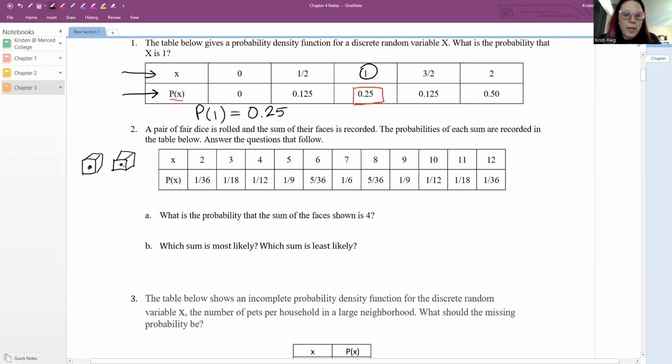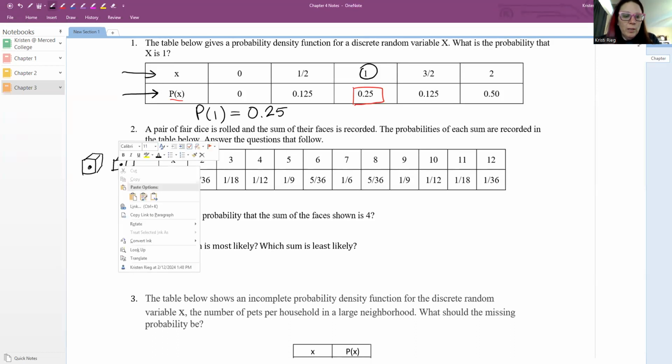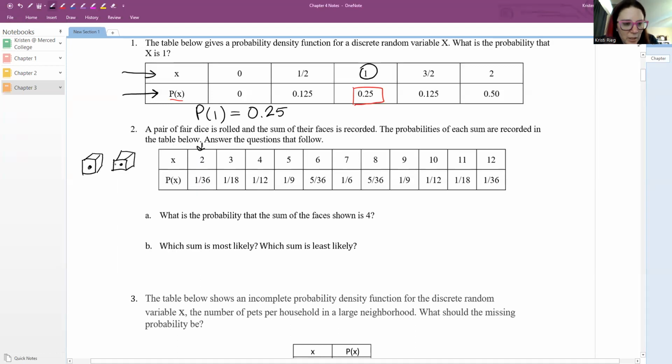So if you roll a 1 and a 1, that adds up to 2. And this keeps on going. I could have rolled a 1 and a 2. Oopsies, where did my other dot go? A 1 and a 2. Okay, it keeps erasing for some reason. There we go. A 1 and a 2, that adds up to 3. But I also could have rolled a 2 and a 1. That also adds up to 3.